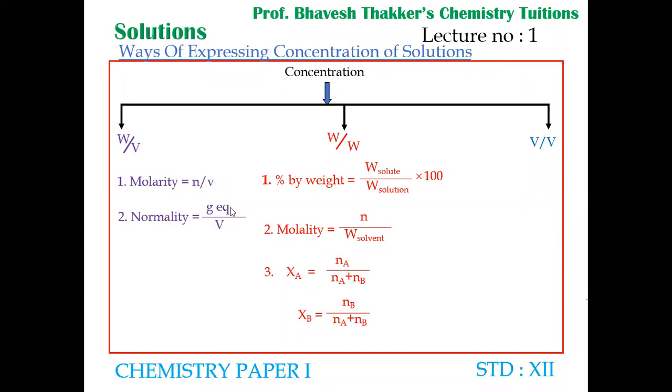Gram equivalent of solute present per liter of solution. Percentage by weight, mass of solute present per 100 parts by weight of solution. Molality, number of moles of solute present in 1 kg of solvent. Mole fraction, number of moles of one component upon total number of moles of all the components present in the solution. Percentage by volume, volume of solute upon 100 parts by volume of solution.